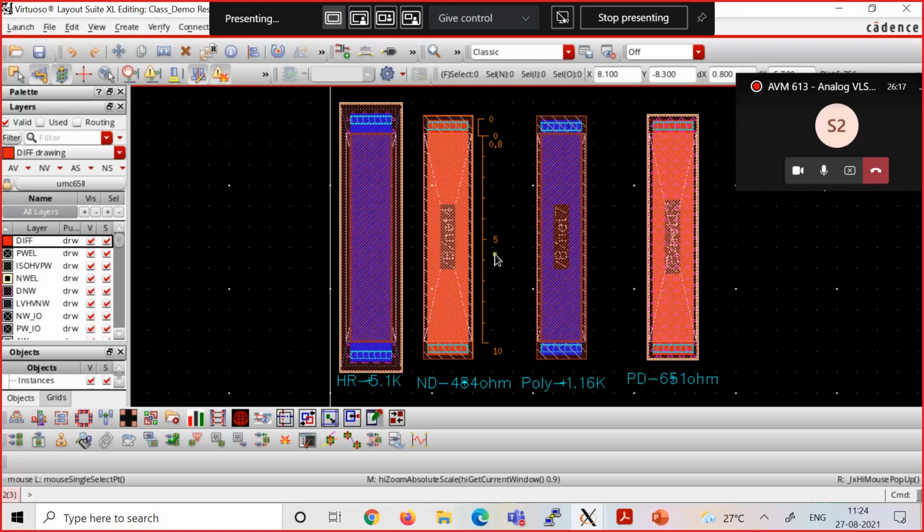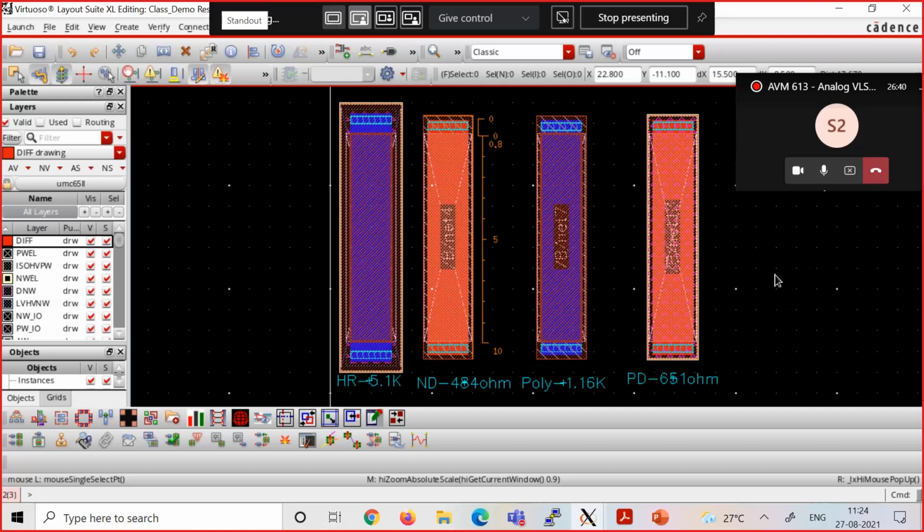What you do is use a smaller transistor but with multipliers. But yes, compared to the example I showed yesterday, the resistors are larger.